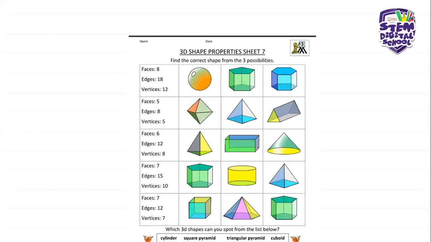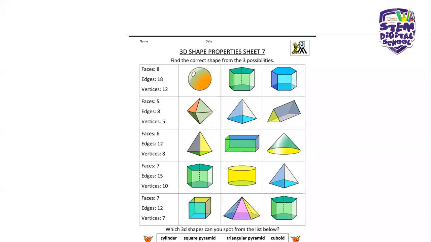The first row, we just have to link the correct number of faces. It says 8 faces. So obviously, if you look at the last prism there, the hexagonal prism, it will have 8 faces. There will be 6 in the middle, and then the top face and the bottom face. So there are 8 faces. Therefore, that notion of 8 faces can be linked to the hexagonal prism, meaning that in the first question, the hexagonal prism is the answer.